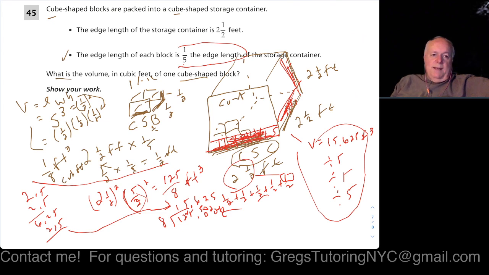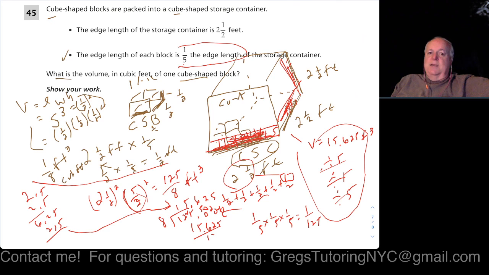And if, instead of dividing by 5, dividing by 5, dividing by 5, we view it as 1/5 times 1/5 times 1/5, well, that's equal to 1 over 125. Okay? So what we could have done was 15.625 over 125. Okay?